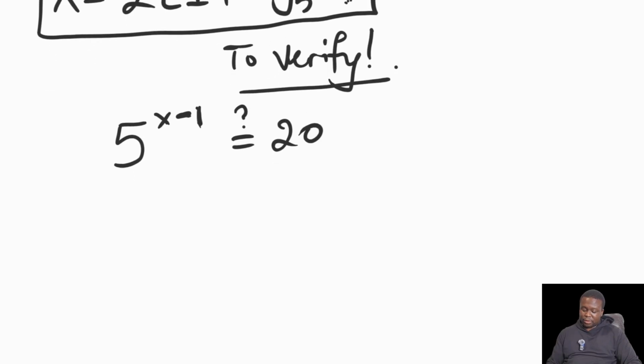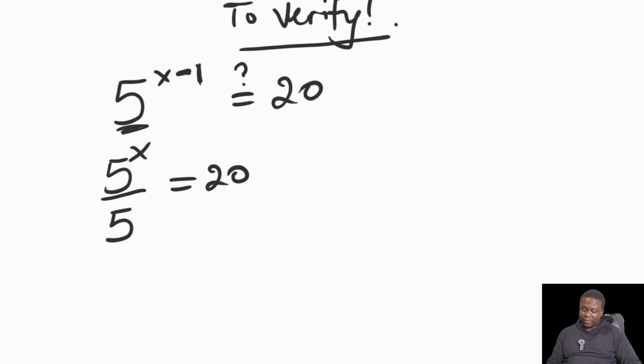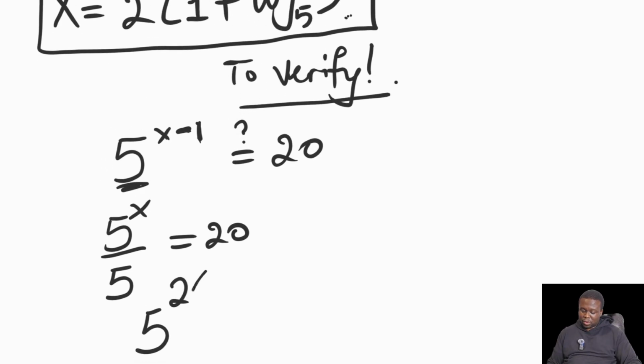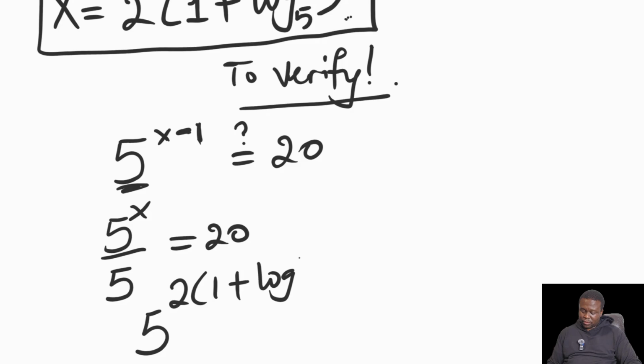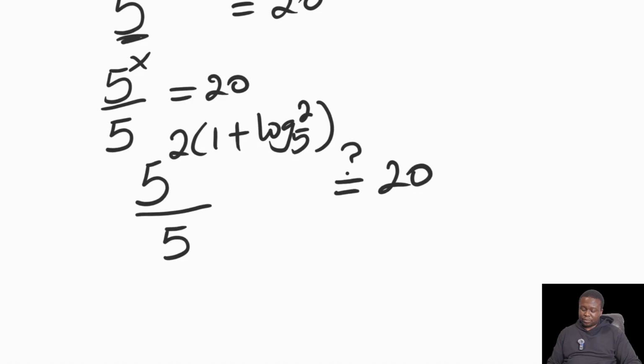So what is our x? We'll rewrite this first of all. This is 5 raised to the power x over 5 equals 20. Now if we plug in the value of x, which is 2 times 1 plus log 2 base 5, divided by 5, we're trying to see if this is equal to 20.